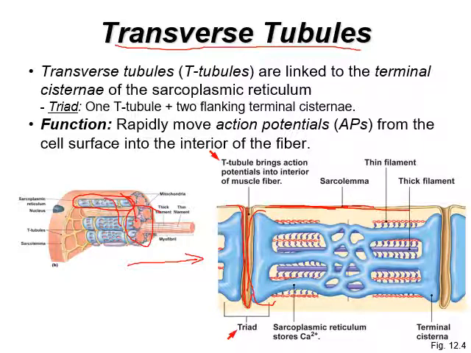Those are the sarcoplasmic reticulum. So basically that T-tubule is to rapidly move the action potential deep into the fiber, so we get the action potential running through all of the muscle so we can get contraction. Because we're going to see later, the action potential is the cue to get the shortening of the muscle.